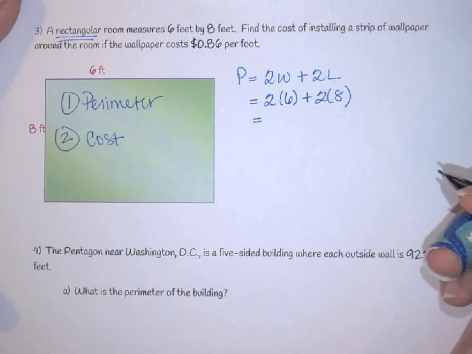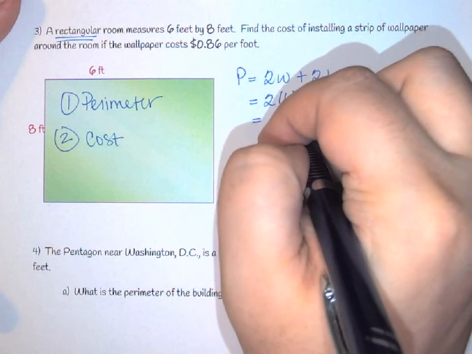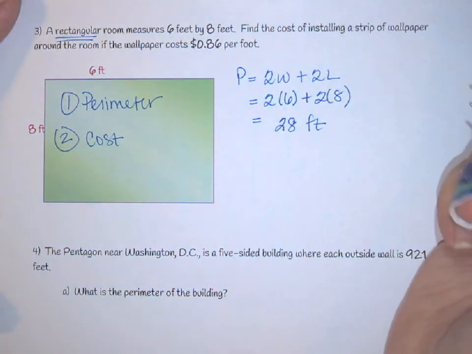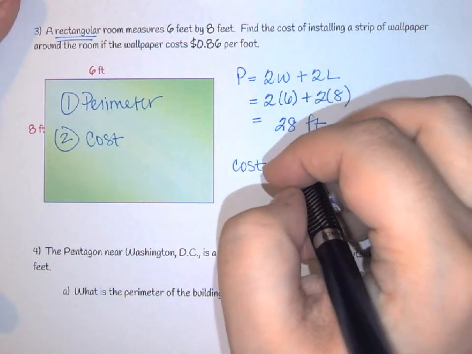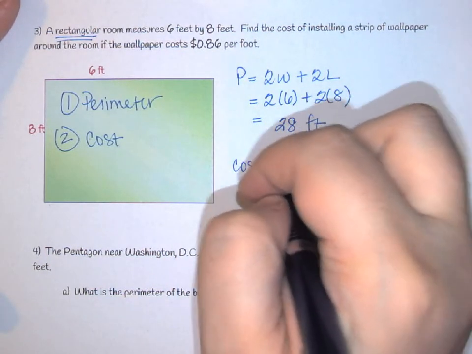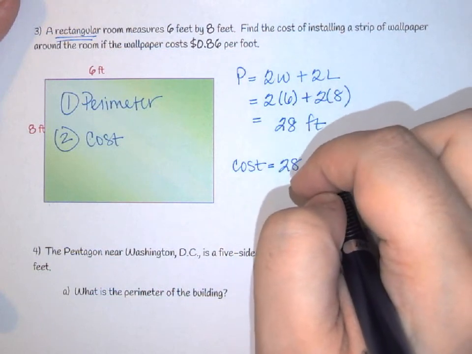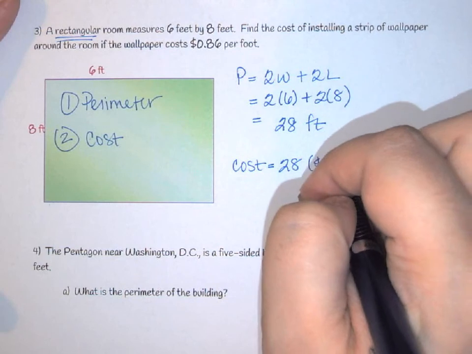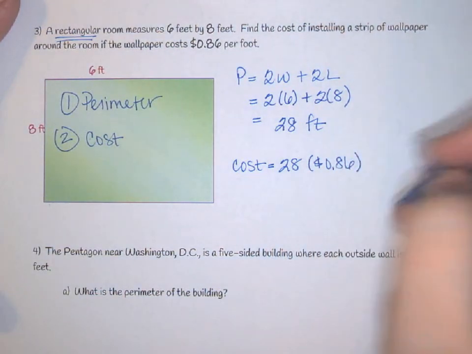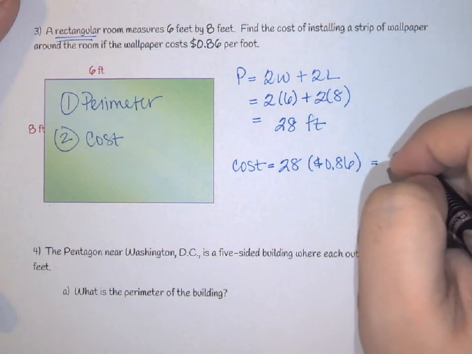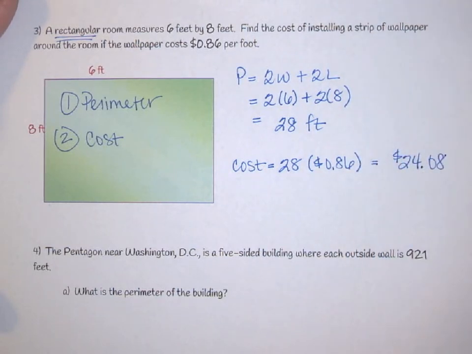When we multiply that out, we end up with 28 feet. Now to find my cost, I have to take that 28 feet and multiply it by the 0.86 dollars per foot. So this gives me a cost of $24.08.